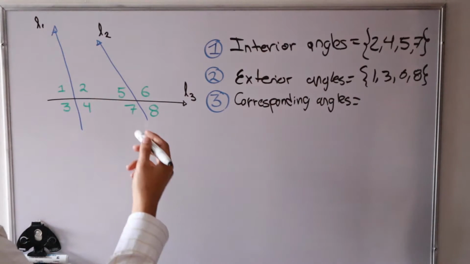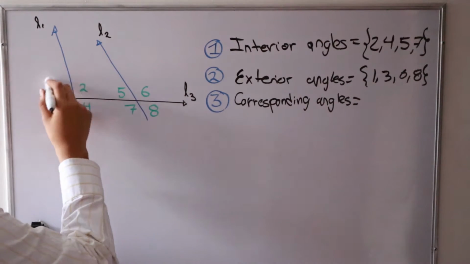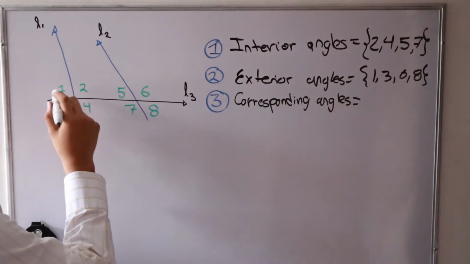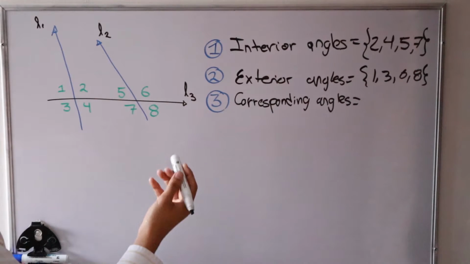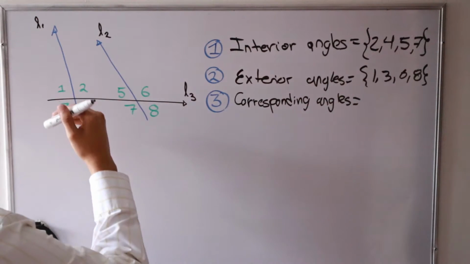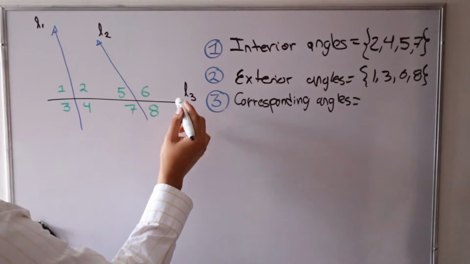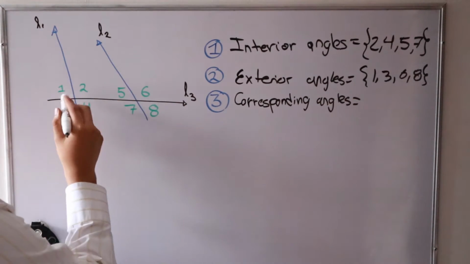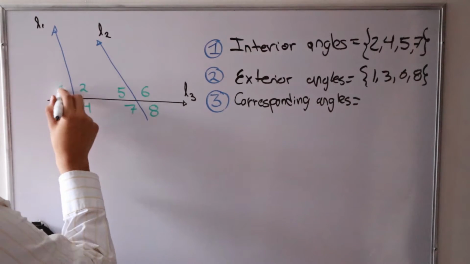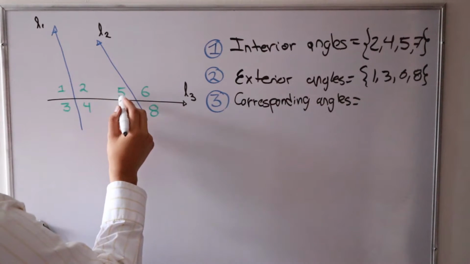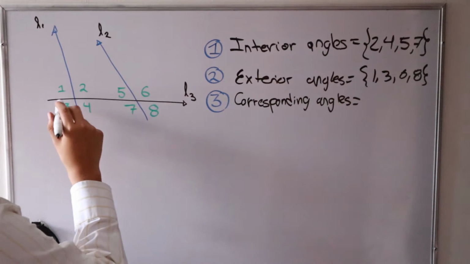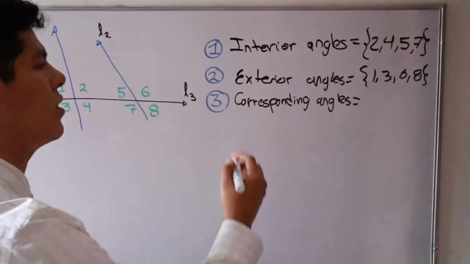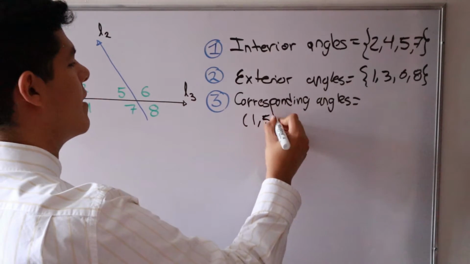So for example, we have this section and also this section. The corresponding angles will be 1 and 5 because they are above the line L3, and also they are on the left. So in this case, the pair of corresponding angles will be 1 and 5.